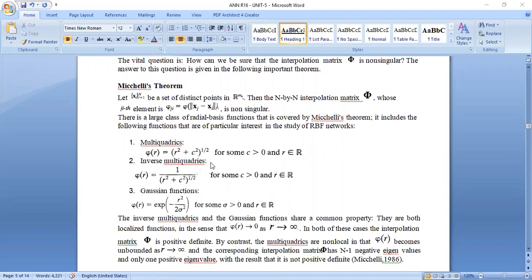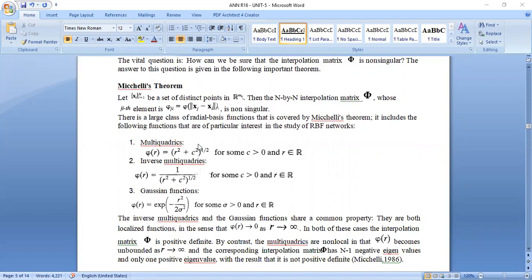The above one is f of x equal to the sum from i equal to 1 to n of wi into phi of the norm of x minus xi. That is one formula, and not only that, there are many functions which support the interpolation condition.